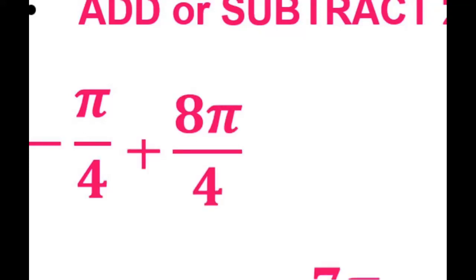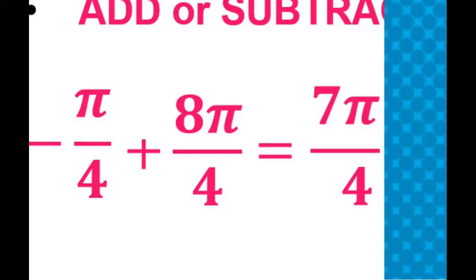So no matter how I look at this, I'm going to do plus 4 and then something in the numerator. But I want this to be equivalent to 2 pi. So figuring out what that would be, that would have to be an 8 there, and then I can add these straight across. So I have negative pi plus 8, which would be 7 pi over 4.